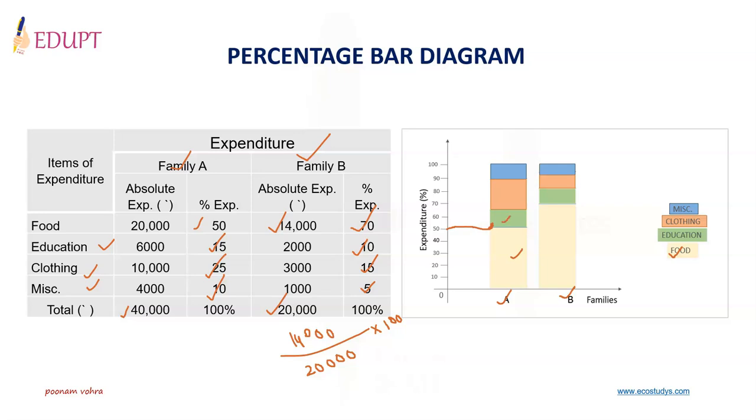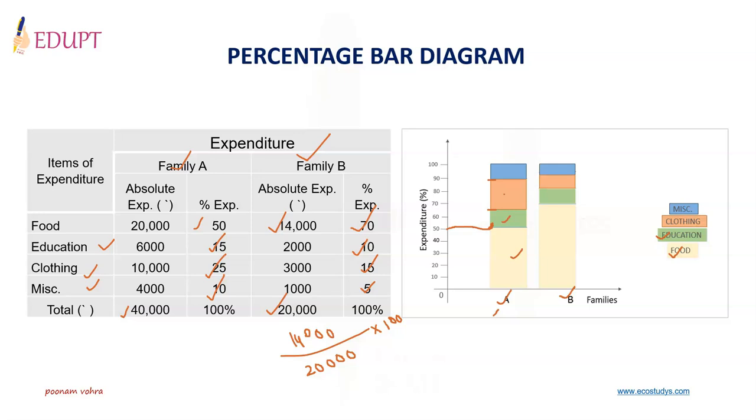So this green component is expenditure incurred on education by family A. Similarly, the orange component shows expenditure on clothing, which is 25%, that is 65% plus 25%, that is 90%. And rest is 10%.